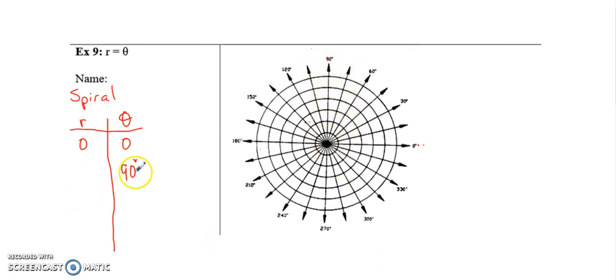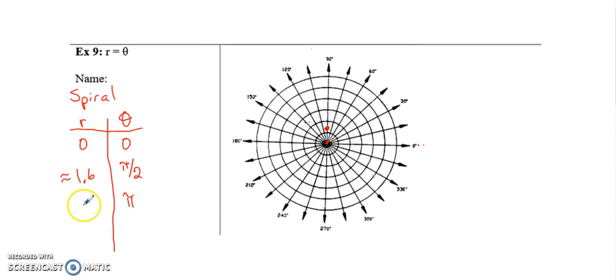So let's use radians. If r is equal to theta, at pi over 2 we get an approximation of 1.6. That's close enough. So 0, 0, and 1.6 in the direction of pi over 2.